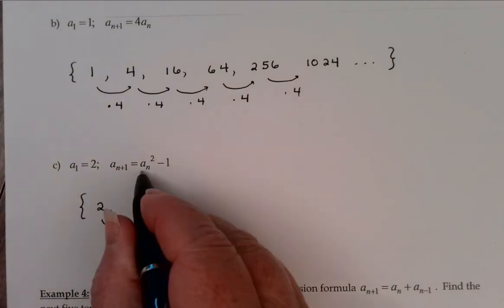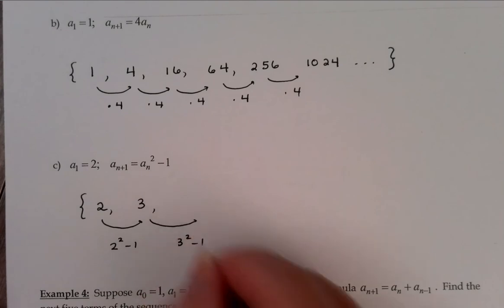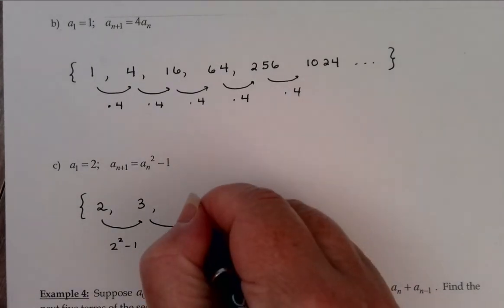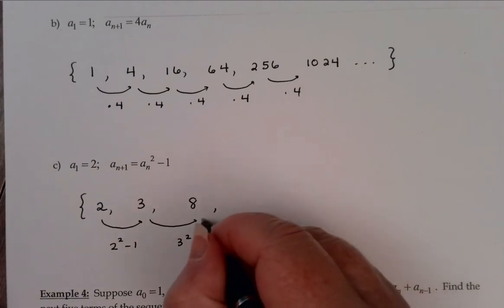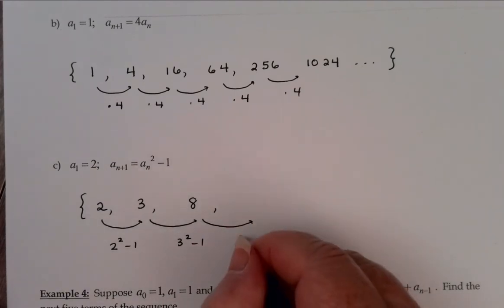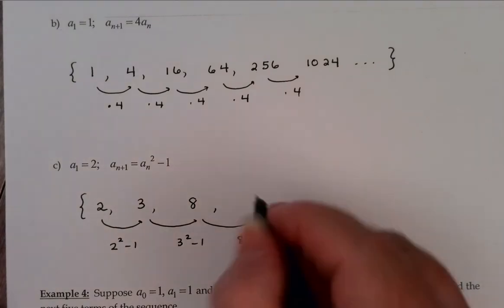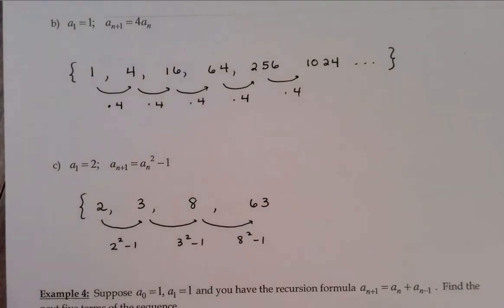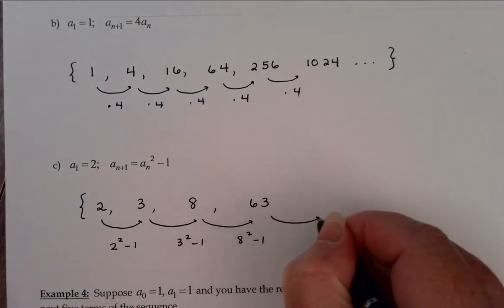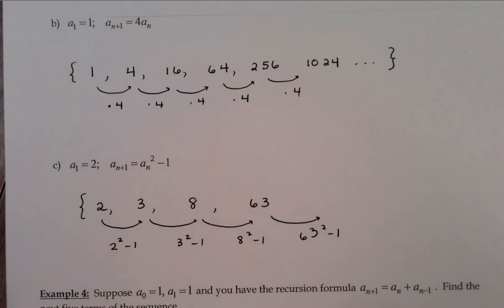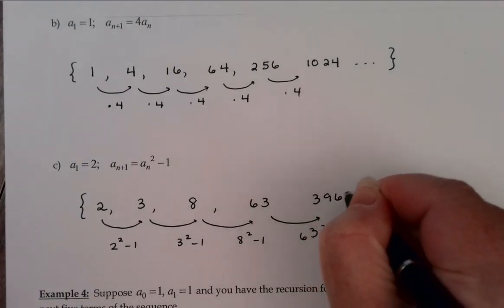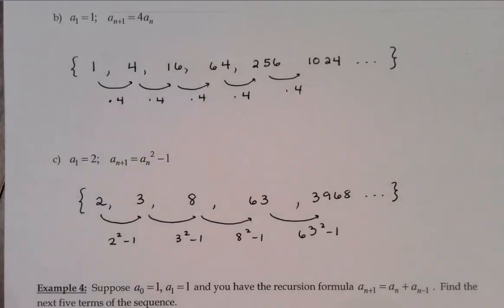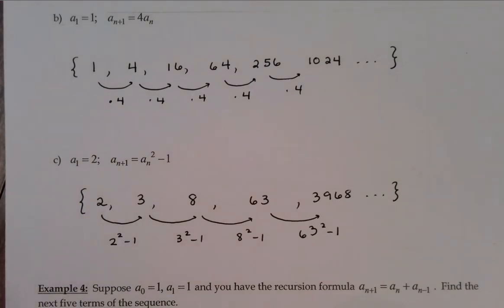My new term is 3, plug that in. 3 squared minus 1, 9 minus 1 is 8. Let's keep going. 8 squared minus 1 would be 63. And then 63 squared minus 1 is a pretty big number. 3968. And so on. So that's recurrence relations. You always have to know the previous term to get to the next one.